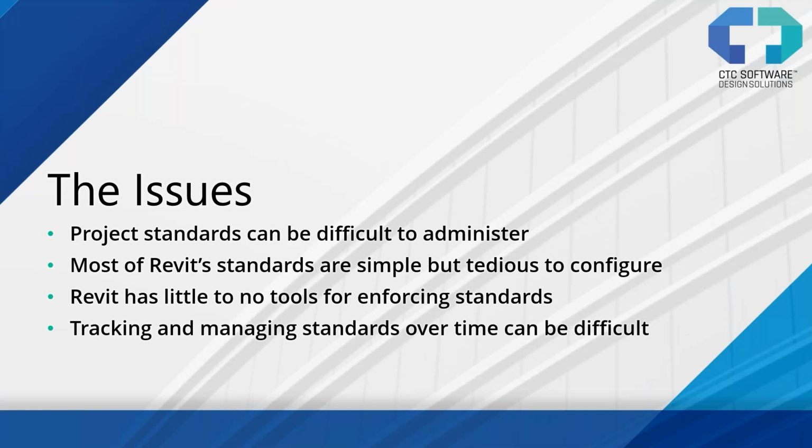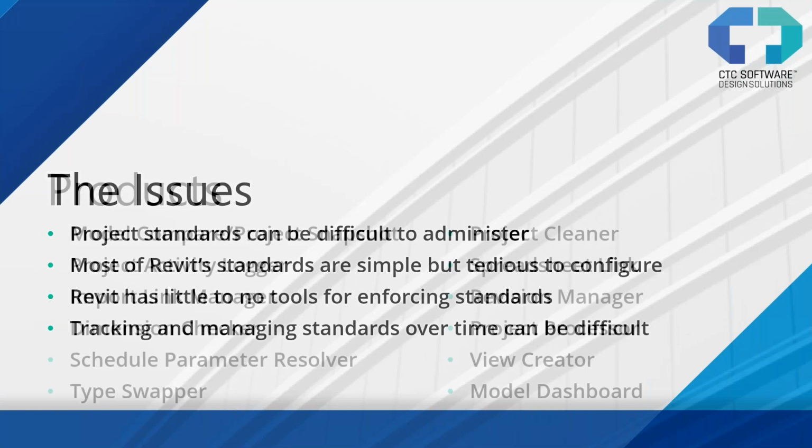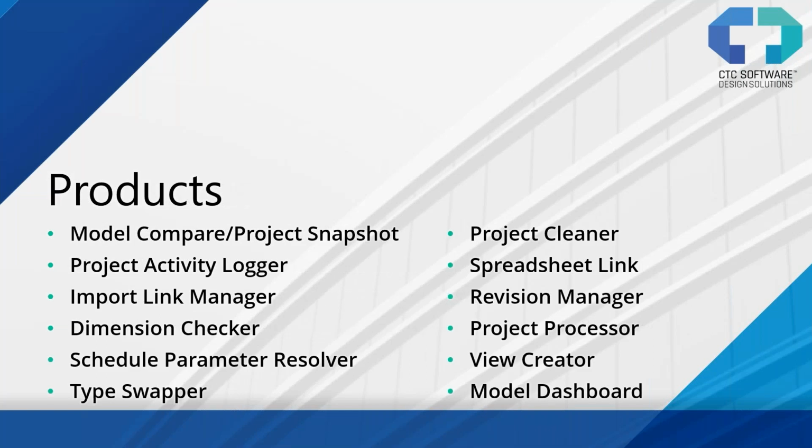And once projects are started, getting changes made or new standards implemented takes time and can be a pain in the butt. And when it comes to tracking and maintaining this stuff, forget about it. There's nothing really out there in Revit natively. Revit doesn't have anything to help with this.